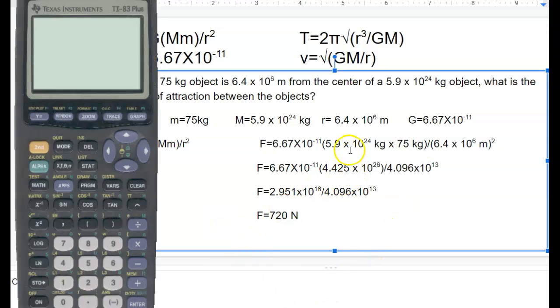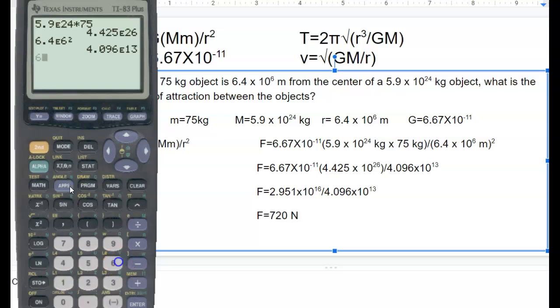So I'm going to first multiply 5.9 times 10 to the 24th times 75 to get me this number, 4.425 times 10 to the 26th. Next, I'm going to square 6.4 times 10 to the 6th. And I get 4.096 times 10 to the 13th. Okay.